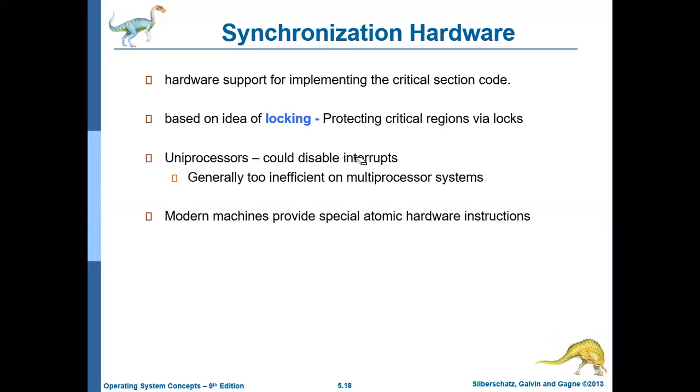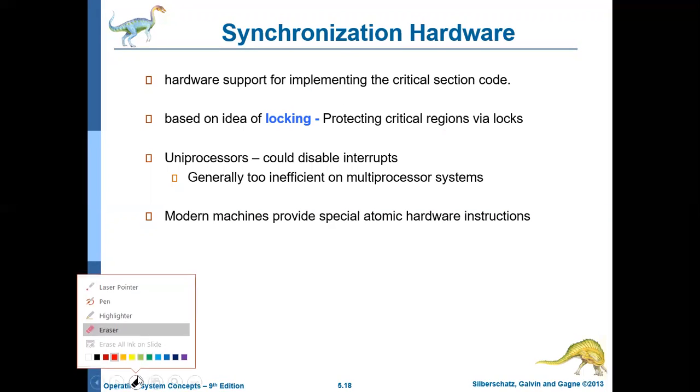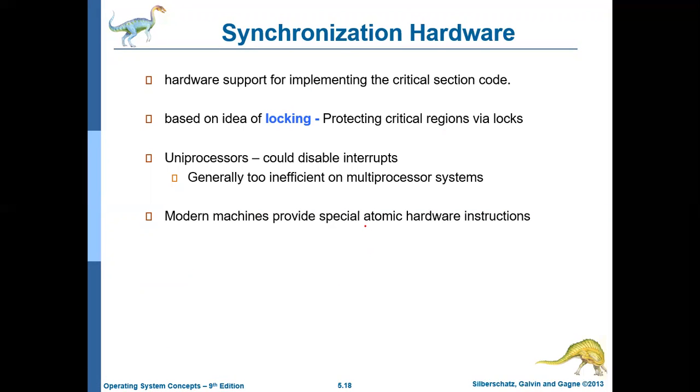These hardware solutions are based on atomic hardware instructions. What is meant by an atomic hardware instruction? Atomic hardware instruction means two or more instructions will be executed like a single instruction. The hardware may be executing two or more instructions, but they will be treated as a single instruction and executed together.